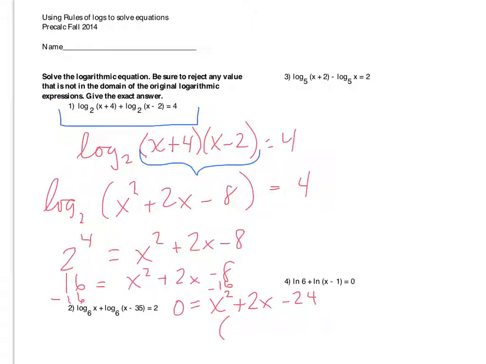And the big one is going to be positive. I know that because my 2 is positive. So the 6 is plus, and the 4 is minus. Set each of those to 0 and solve. So your 2 answers to number 1: x is negative 6, or x equals 4.